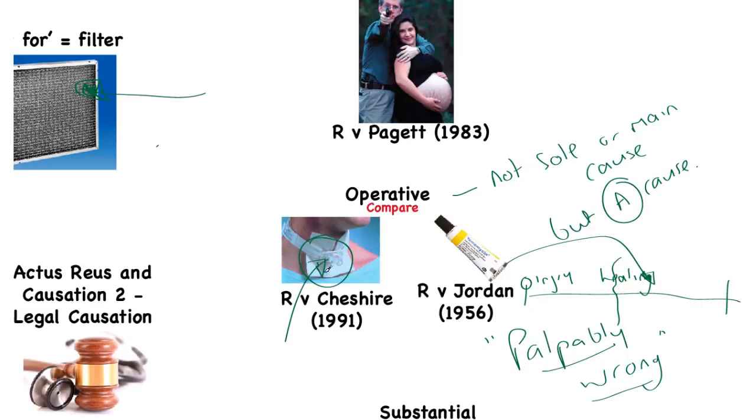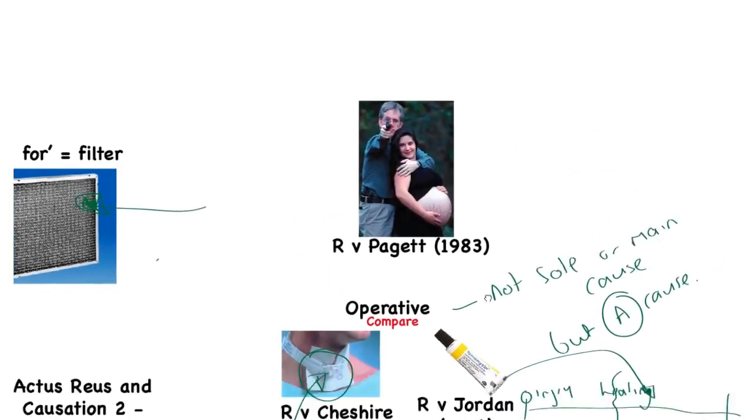So in Cheshire, the original wound is still operating, whilst in Jordan, the original wound was healed. It was part of the history and not an operating cause. And that's pretty much it. That is as simple as you can get.